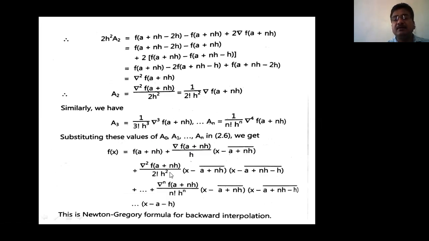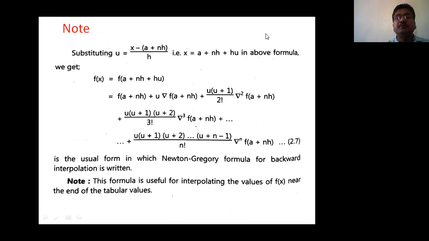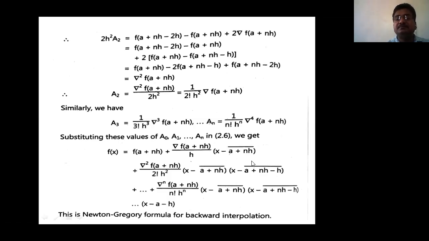So dividing separately by h in both these brackets, we have the value u minus 1. Sorry, u plus 1. So what is the new formula? f of a plus nh, u del f of a plus nh, u into u plus 1 divided by 2 factorial.